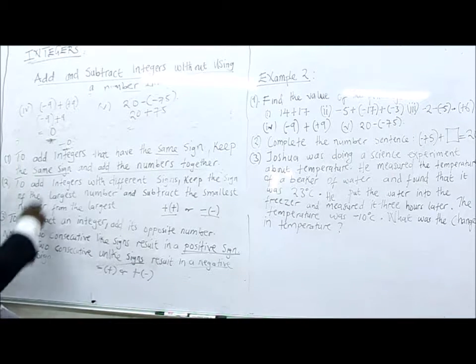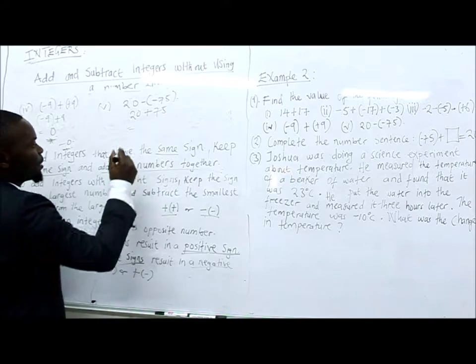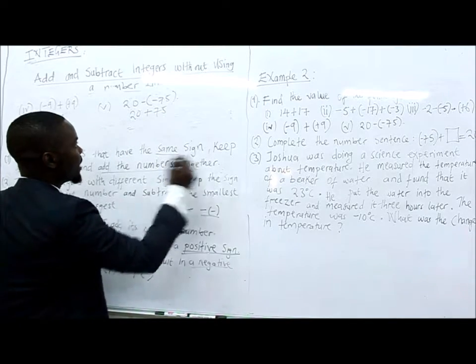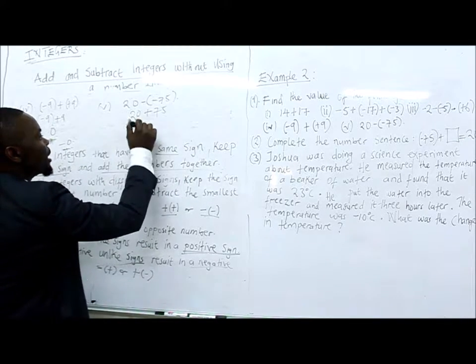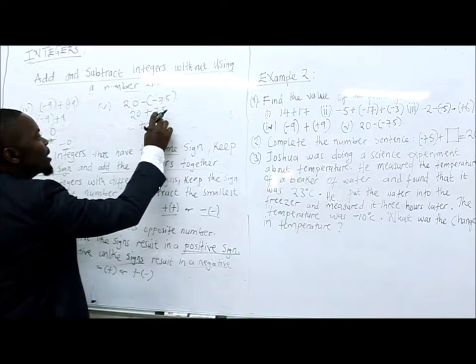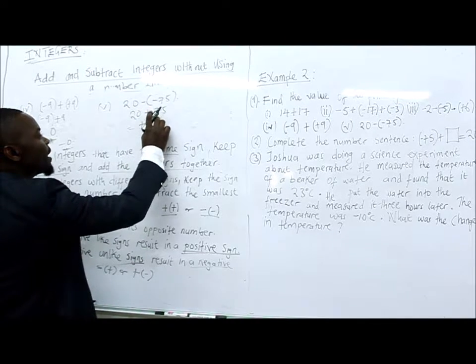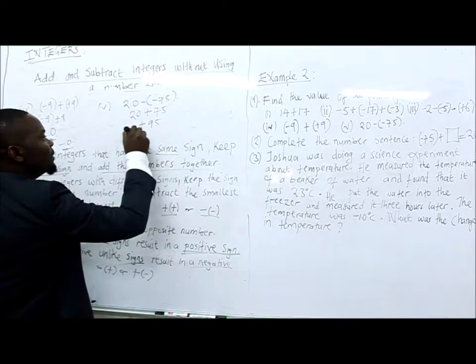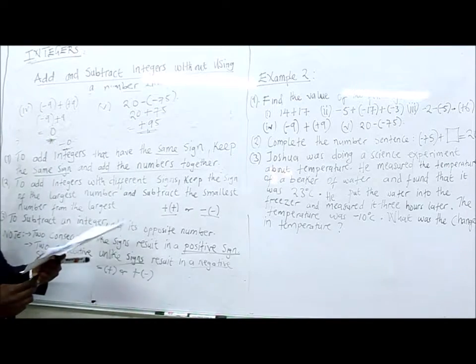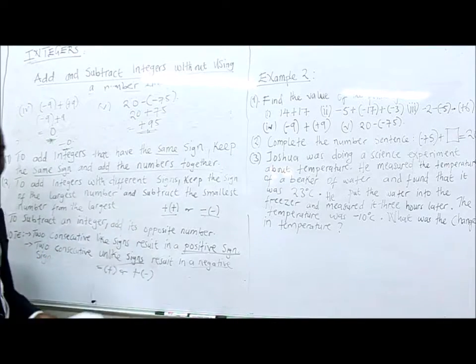So when you add integers that have same sign, keep the sign and add the numbers together. So here you have the same sign which is positive, and then we add the numbers. 20 plus 75 is what? 95. So positive 95 is our answer.